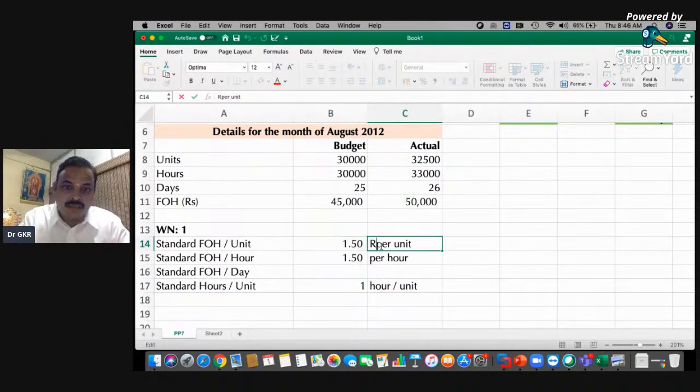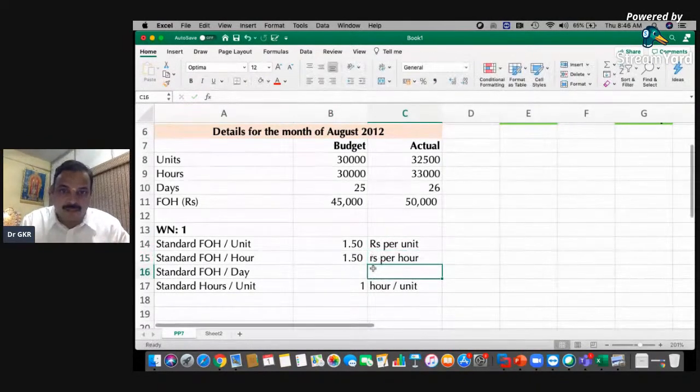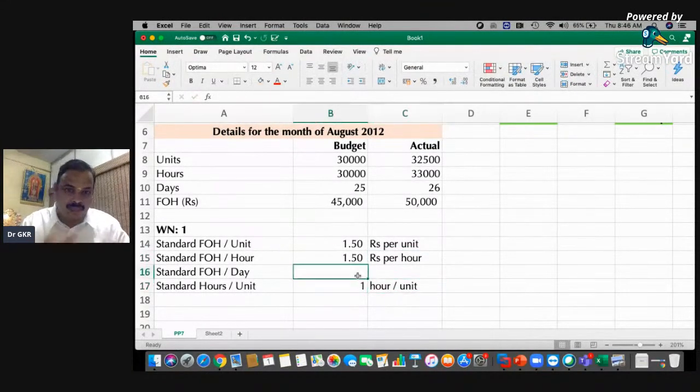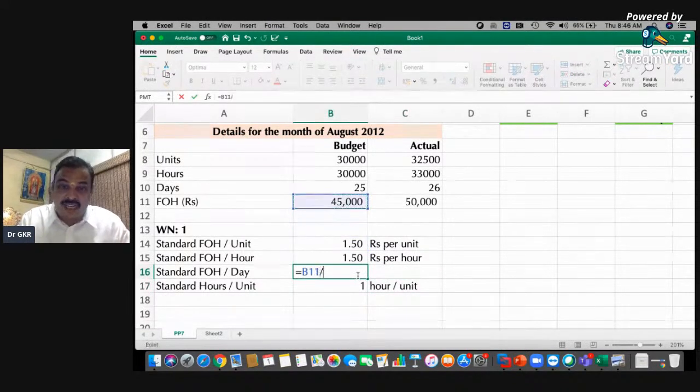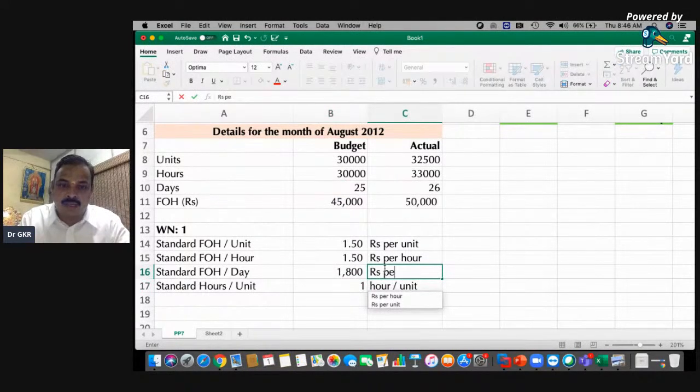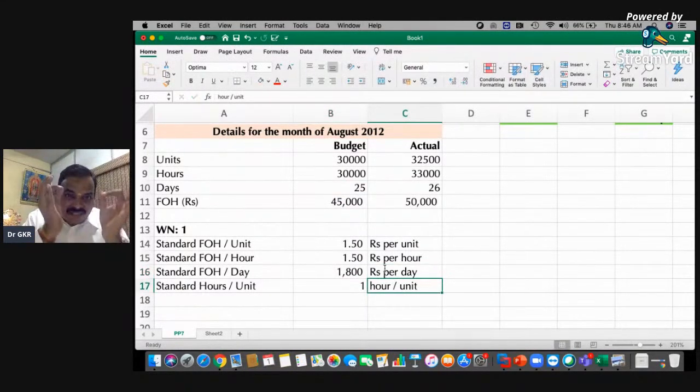This is rupees per unit. This is rupees per hour. This is hours per unit. Please understand the difference. Now, for 25 days, it is 45,000. So it is 1,800 rupees per day. This is the first working all of us must do.